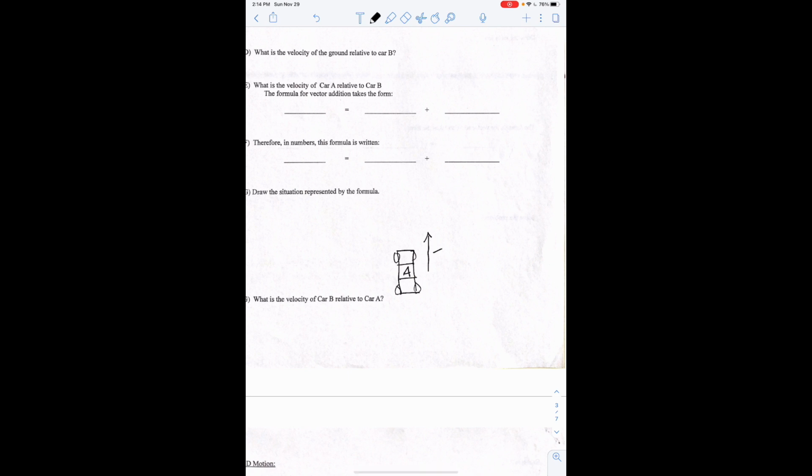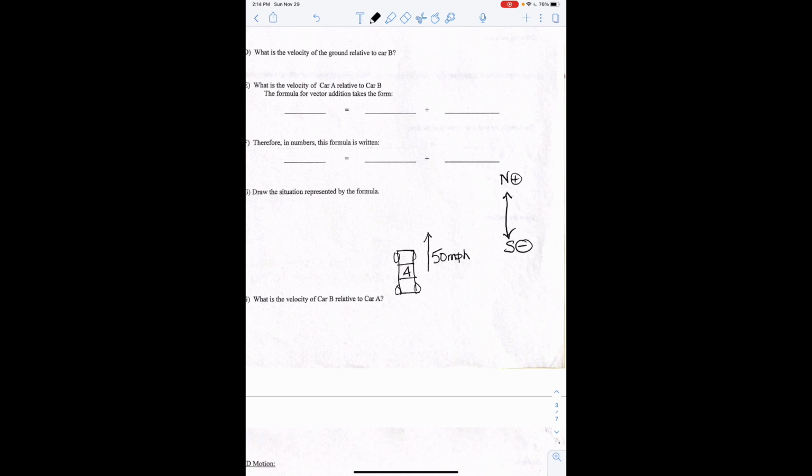And I'll just write that down right here. And we'll call north positive. Let me write it over here. And we'll have it point that way, and south will be negative and point that way.